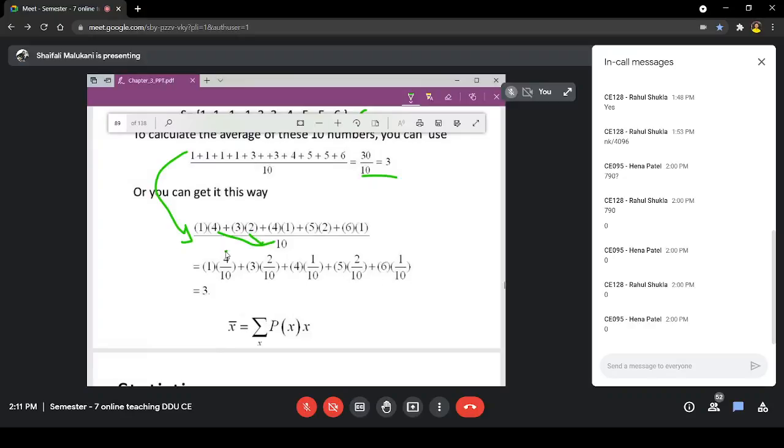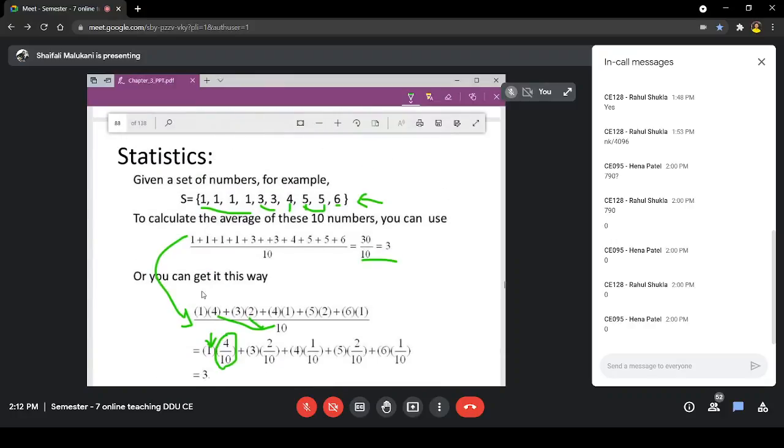And if you observe this, what is 4 by 10 for 1 in this given data set? What is the probability of occurrence of 1 here? Out of 10 readings, 1 occurs 4 times. So what is the probability of occurrence of 1 in this set? Yes, it is going to be 4 by 10.